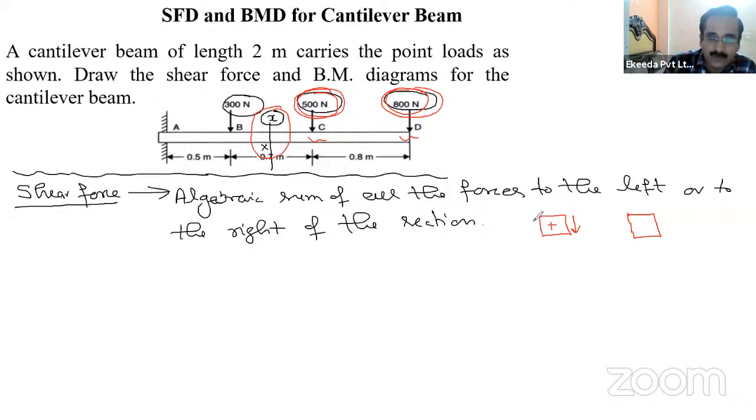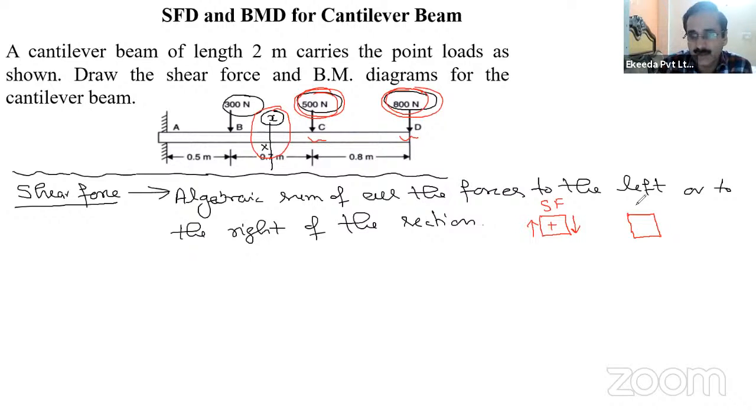And to the left of the section, if the force is upward, again this is taken as positive. So this is the sign convention for positive shear force: to the right of the section, downward is positive, or to the left of the section, upward is positive shear force.